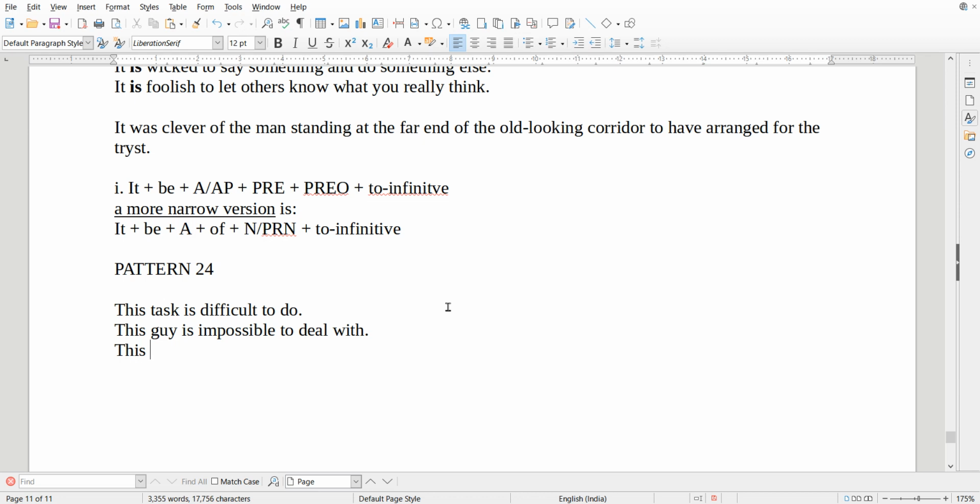That's what the meaning is. This rag is difficult to wash, rag or rug, whatever you want to say. His actions are impossible to justify, impossible to defend.